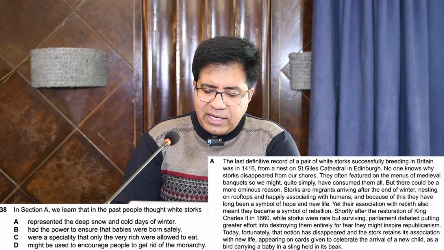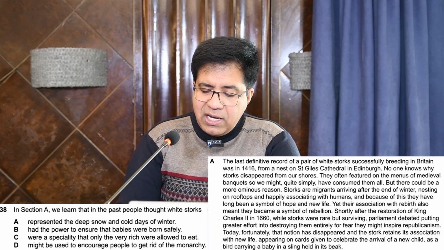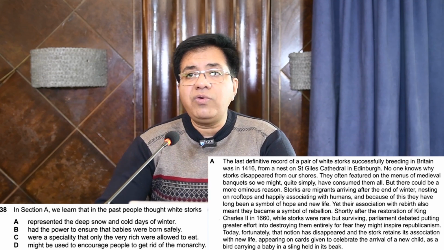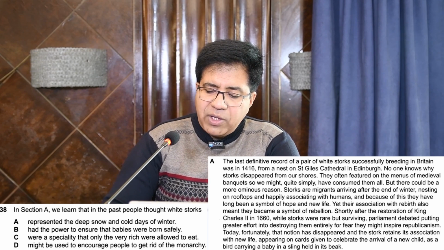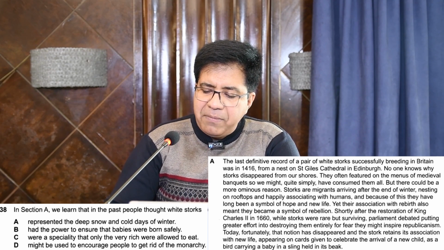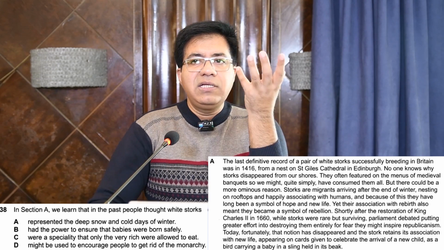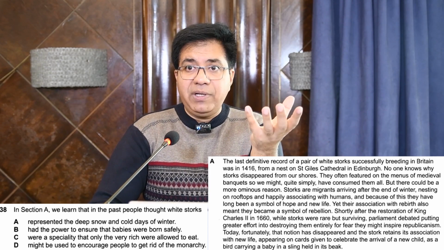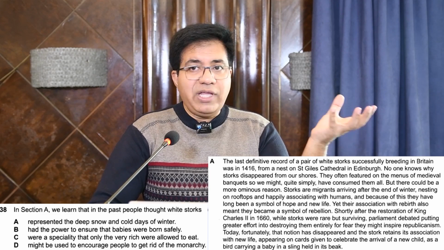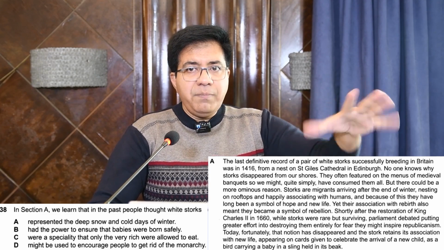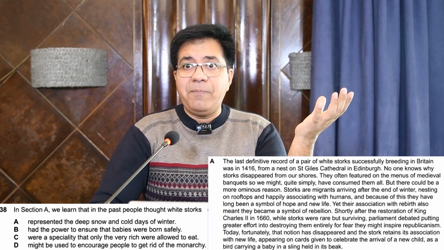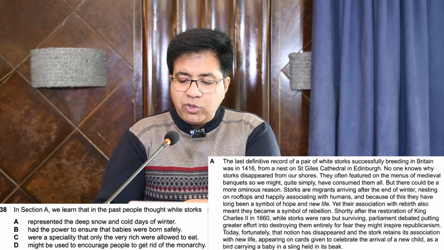Today, fortunately, the notion has disappeared. Now, in the past, they wanted to destroy all the storks because the fear was they might inspire republicanism. Now, what is republicanism? That state is governed by people, not by kings. So, they wanted to kill all the storks because stork was a symbol of freedom, right? So, they wanted to kill all of them.